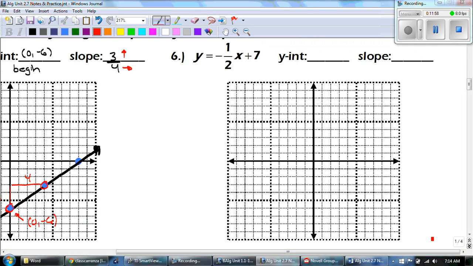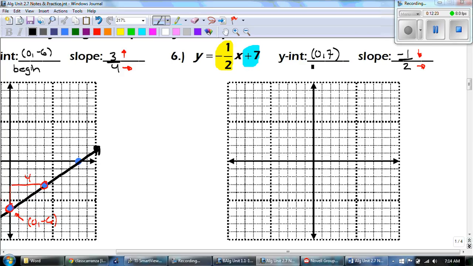Okay, number 6. My slope and y-intercept. So my y-intercept is 0, 7, and my slope is -1/2. My movement is telling me to go down 1 to the right 2.